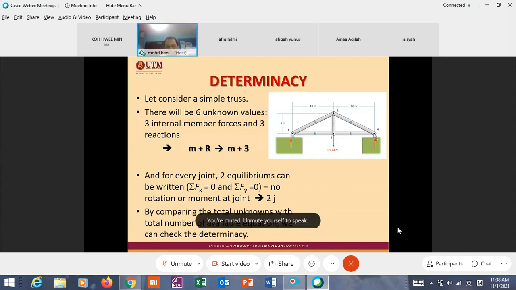If it is a roller, you will have only 2 reactions. When you have only 2, that means this structure can move, left and right. So it is not called a structure because it is not stable. Maybe it does not collapse, but it is not stable. It can displace.